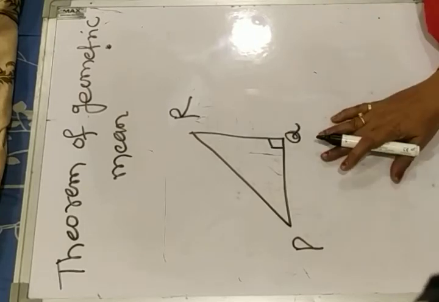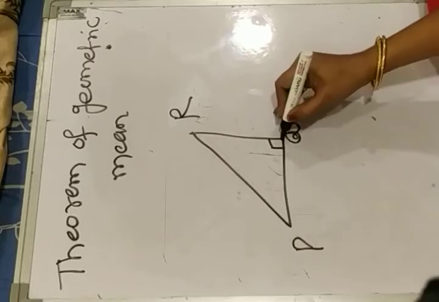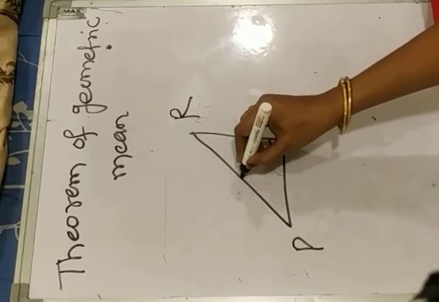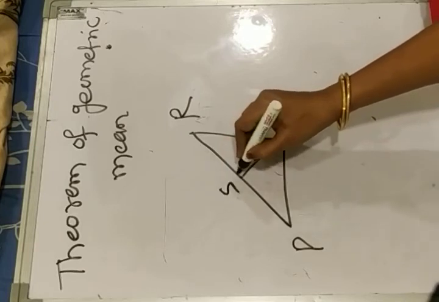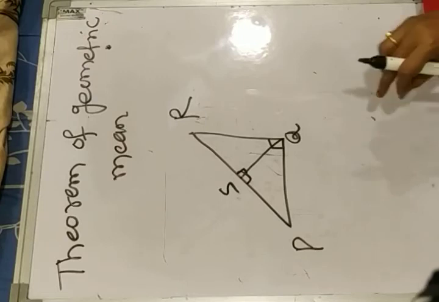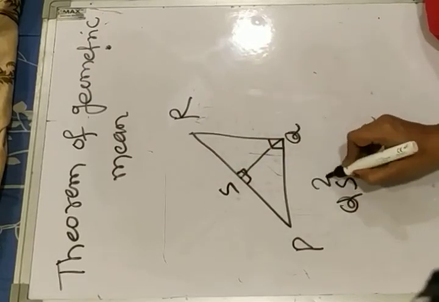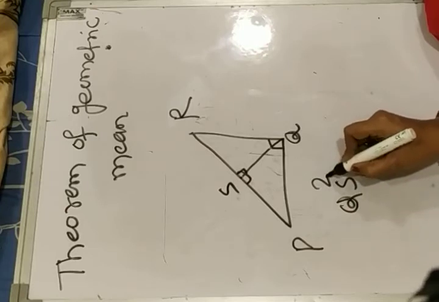In a right angle triangle, the perpendicular segment to the hypotenuse from the opposite vertex, that is the perpendicular segment QS, is the geometric mean. So this perpendicular segment QS is the geometric mean of the segments into which the hypotenuse is divided.